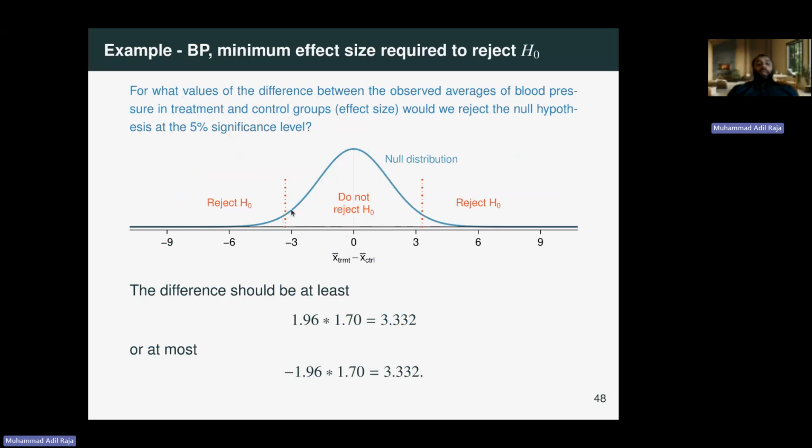So clearly, at the 5% significance level, I'm sorry to say confidence earlier, it is 5% significance level. A 5% significance level corresponds with a 95% confidence level. Okay, so the confidence level falls in this area, which is between these two bounds.